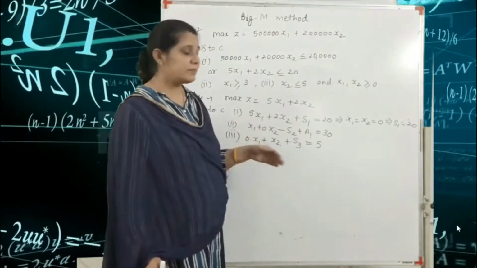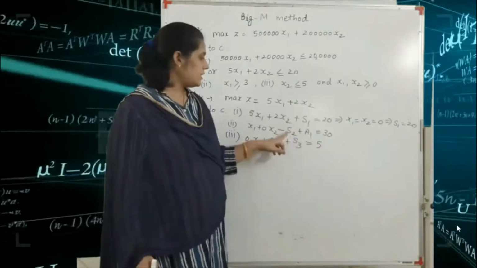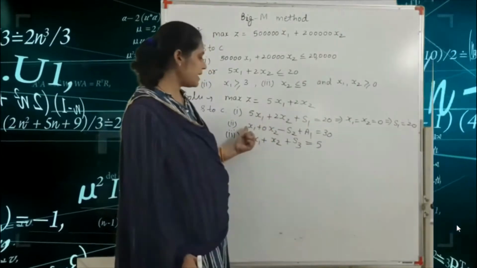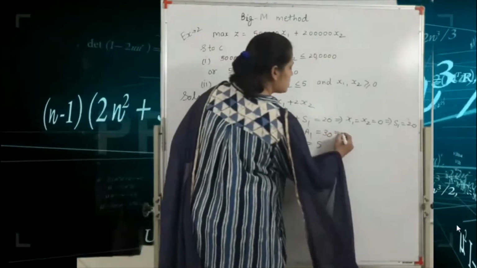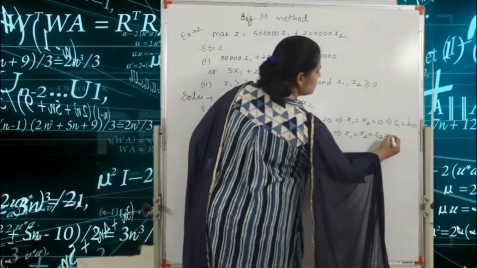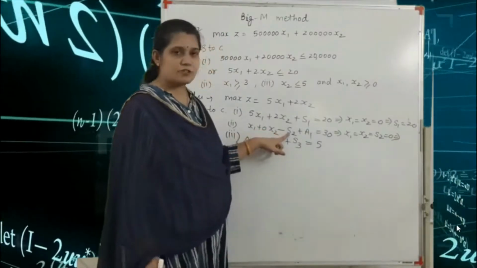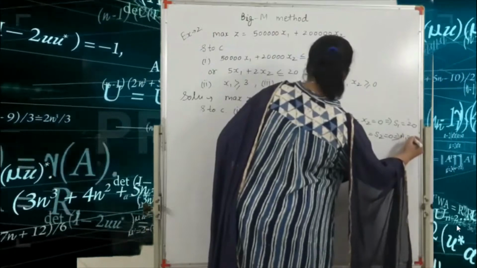If we ignore the artificial variable a1, the value of s2 is minus 30, because x1 and x2 are 0. So we put x1, x2 and s2 equal to 0, and we get the value of a1 equal to 3.